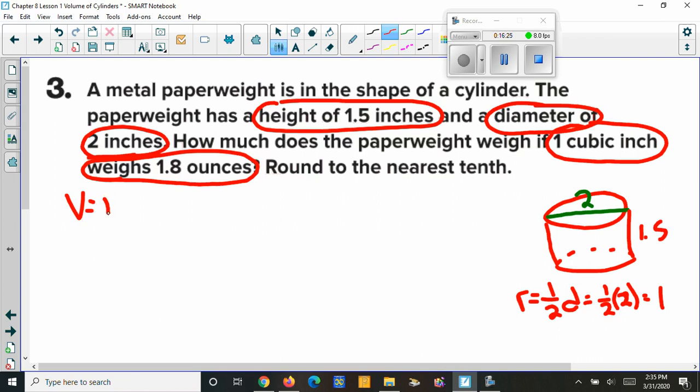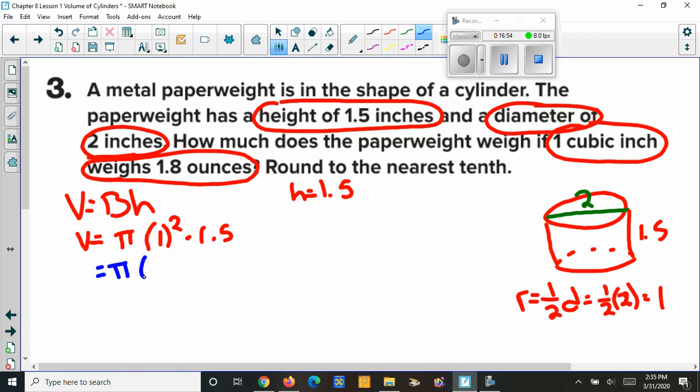Again, volume is equal to base area times height. My height is 1.5. So let's go ahead and begin solving. Volume is equal to pi times r squared times the height. Well, 1 squared is just 1 times 1.5.